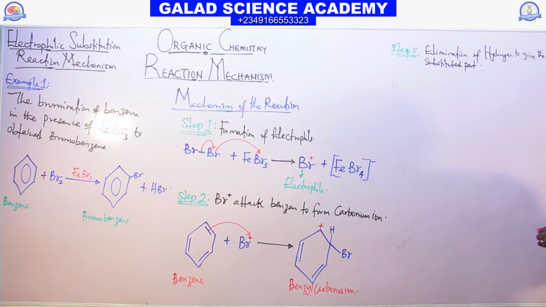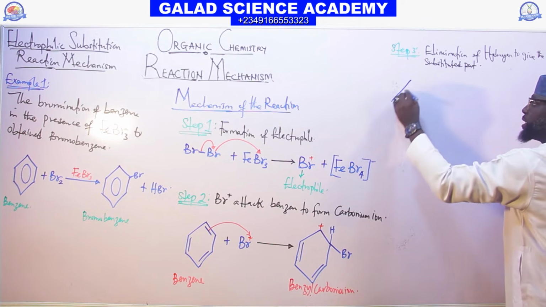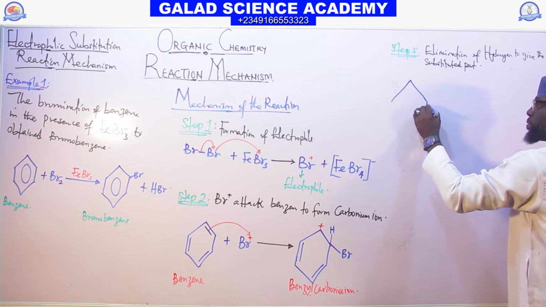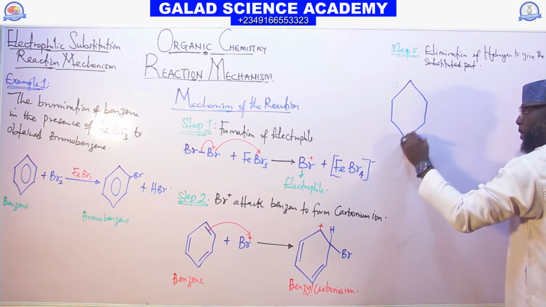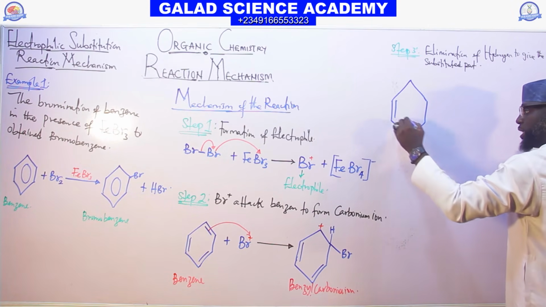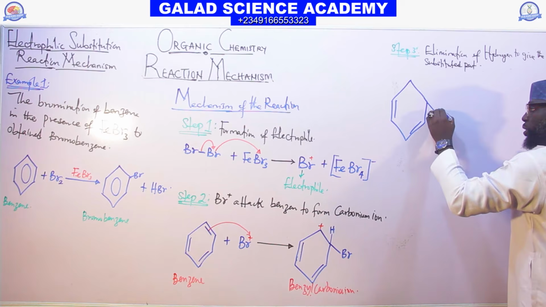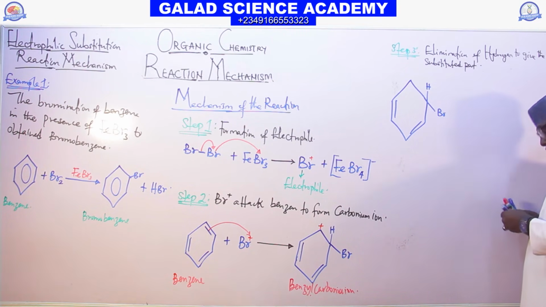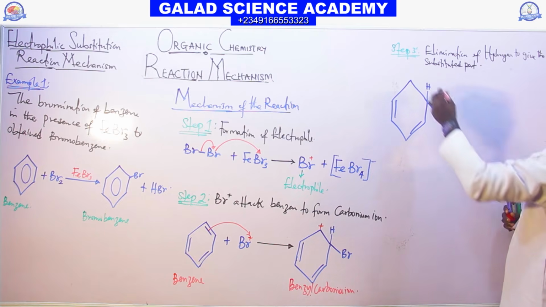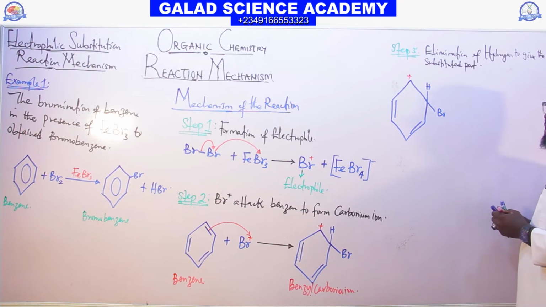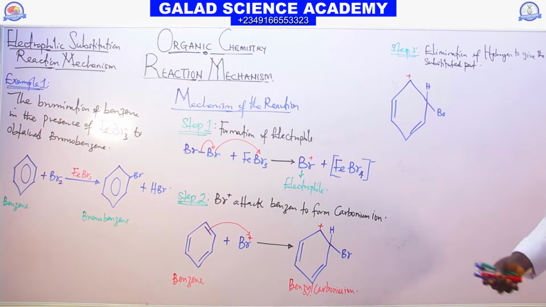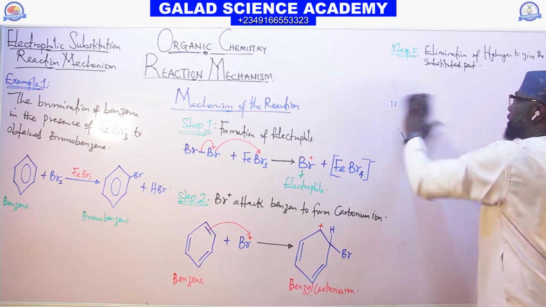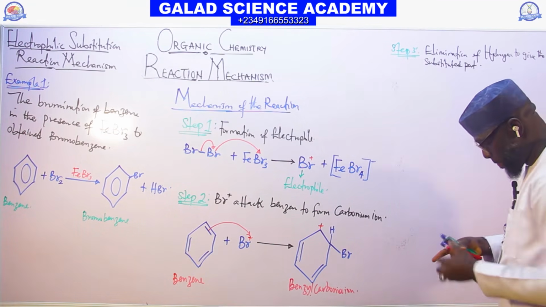Let's check the last stage here. This is the benzene that we have, and we have the bond there. Here we have bromine, here we have the hydrogen, and we have our positive charge here. Let me shift this to this side.